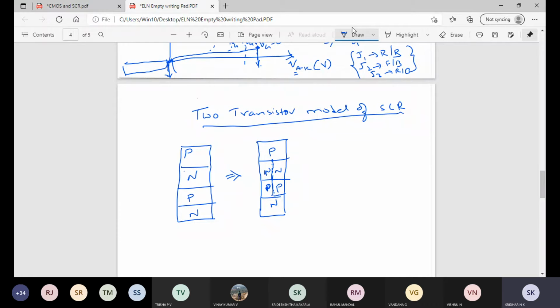It is one and the same. These two regions are nothing but N, and this is N. P N and P N. Now if you see, P N P N.